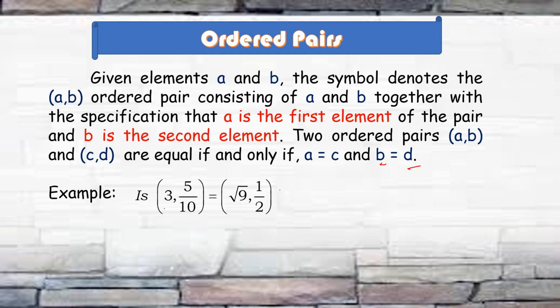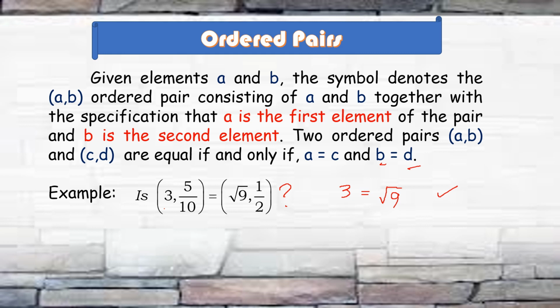Pwede ba nating sabihin na the ordered pair (3, 5/10) is also the same as (square root of 9, 1/2)? Let's see. Is 3 equal to square root of 9? Yes, this is correct because square root of 9 is 3.